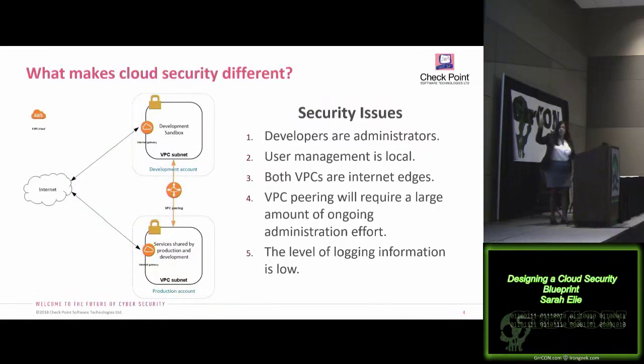Both of the VPCs are internet edges, which in this small environment doesn't really matter, but as this environment grows, that's going to become a very large administrative issue. We haven't defined our network borders. We're going to have to control internet access from both access lists on both VPCs.